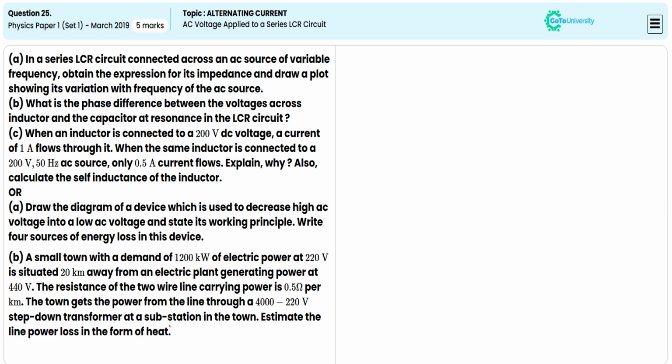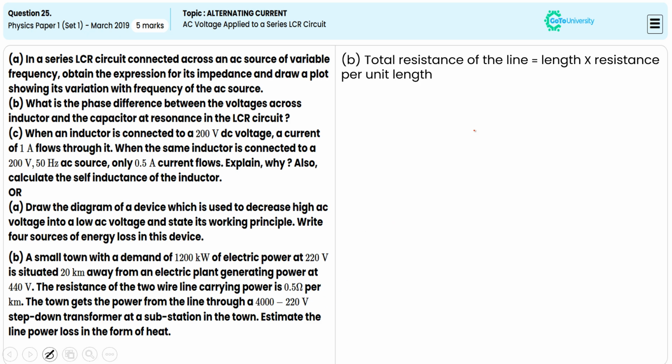So here the total resistance of the line is equal to length times resistance per unit length, that is 40 kilometer into 0.5 ohms per kilometer, which is equal to 20 ohms. The current flowing in the line is P divided by V. Then I is equal to 1200 into 10 to the power of 3 divided by 4000.